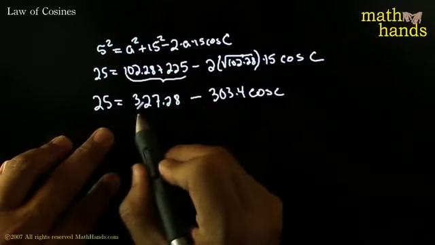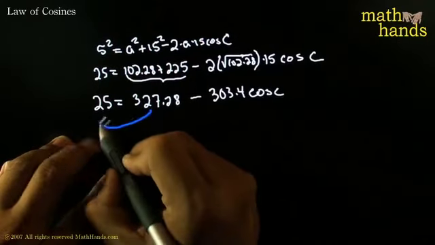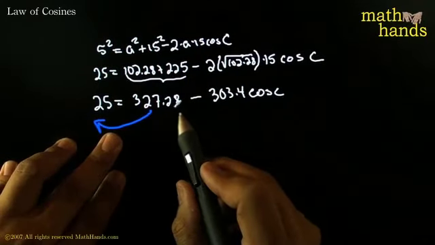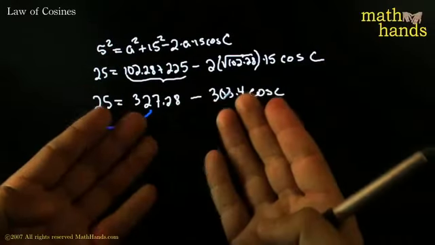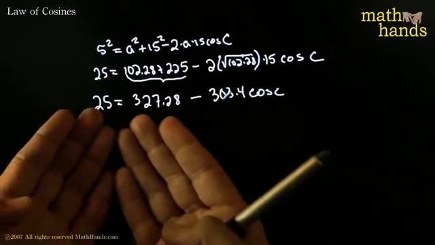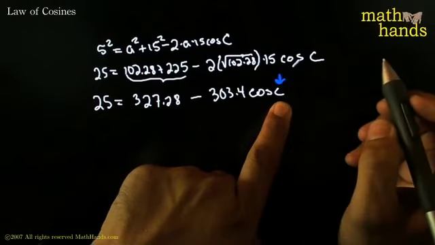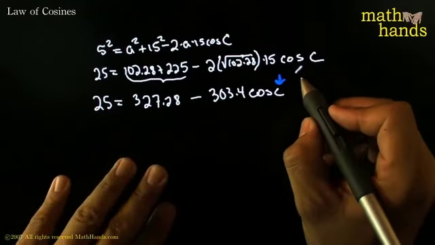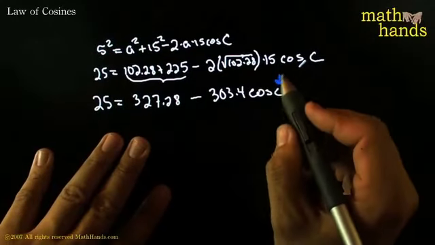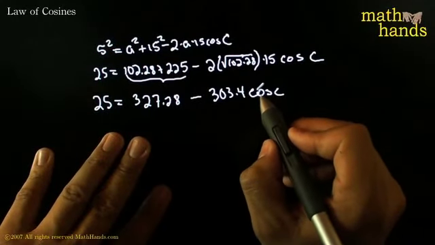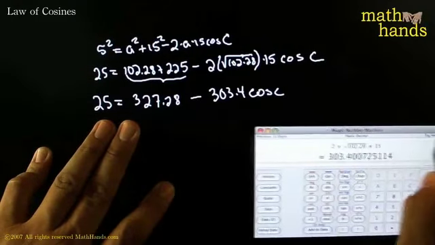Now I can swing this over to the other side. This goes over to the other side, and that will give me, see, notice, count the number of unknown quantities. How many unknown quantities do you have? Everything is known, known, known. The only unknown quantity is, of course, the c, which is good. We like equations that have just one variable, one unknown quantity. Alright, so I subtracted 327.28. So I bring out my number machine.